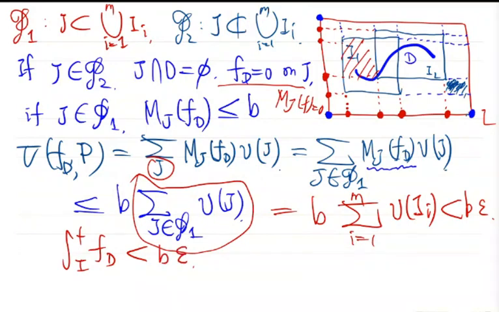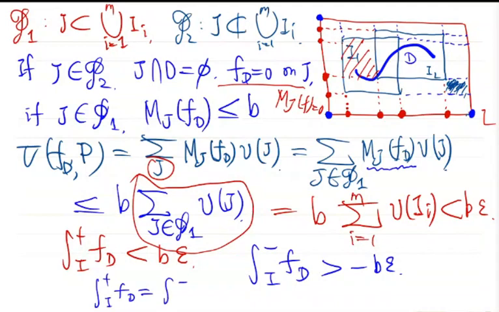And similarly, using the lower sum, you can prove that the lower integral of fD over the rectangle I is greater than minus b epsilon. Now, since epsilon is arbitrary, we see that the upper integral equals the lower integral. They must be 0. So this means that the function is integrable and the integral is 0, proving the first part of this theorem.